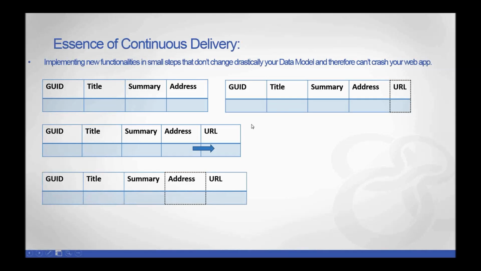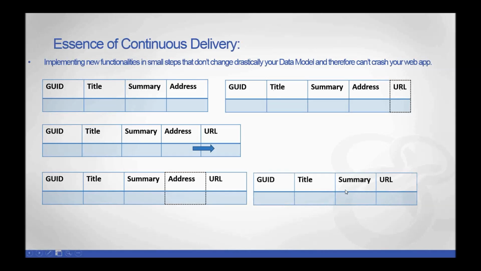Then the next step is to create a functionality that would remap all the different elements of your web project that use that column to start using the URL column instead. You test that, and again it passes through all your testing environments. Then the last step is for you to delete the old column that we had to rename, so that you get that end result.